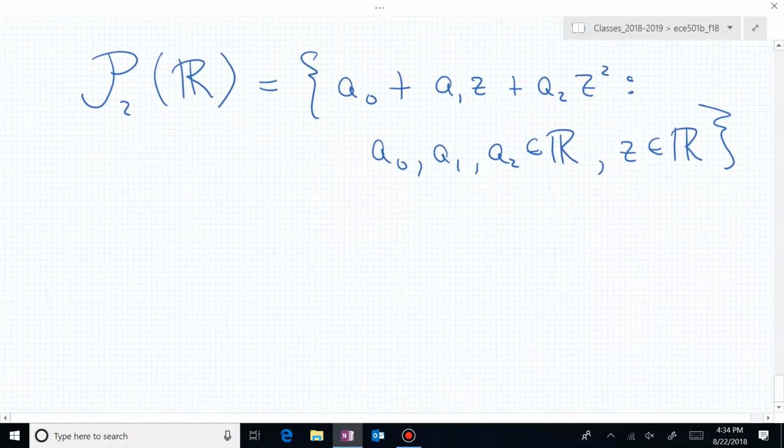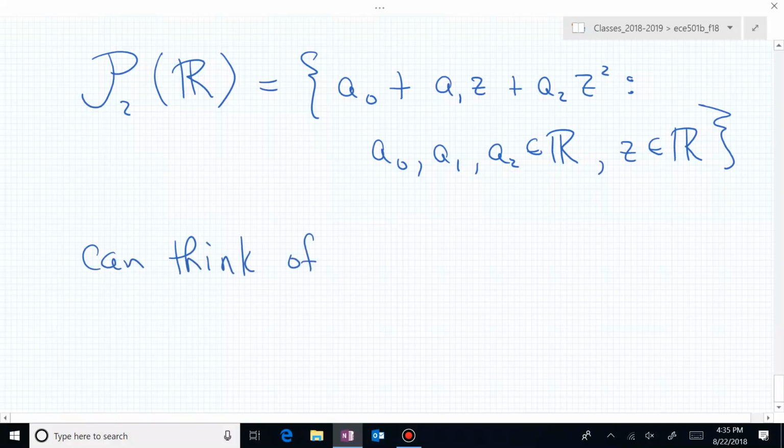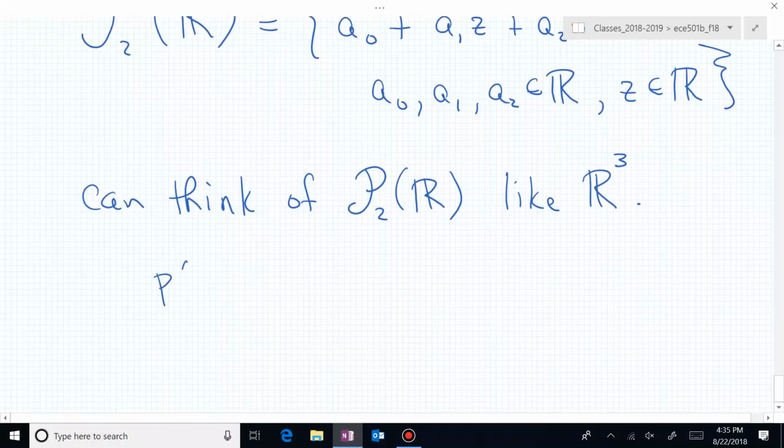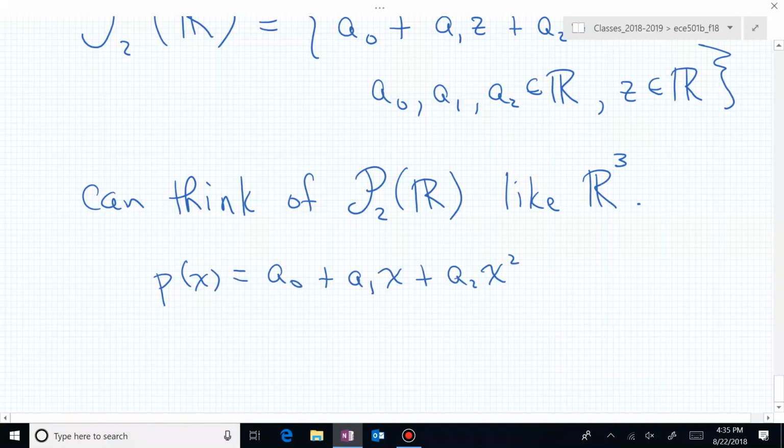So if you wanted to think about this problem maybe in a different way, you can say, oh, I can think about what I'm dealing with, script P sub 2 of R, like R3, where we now have p of x equal to a sub 0 plus a1x plus a sub 2x squared.